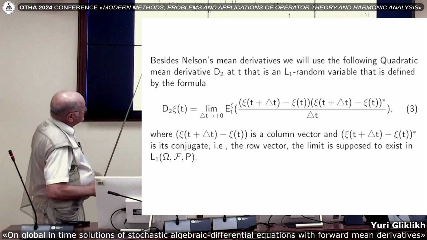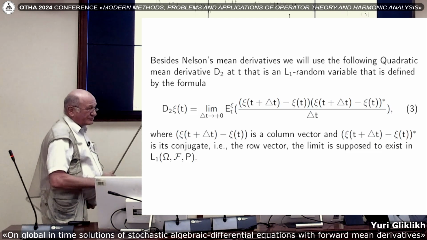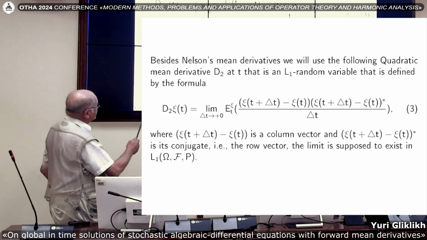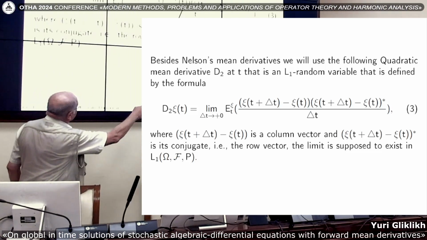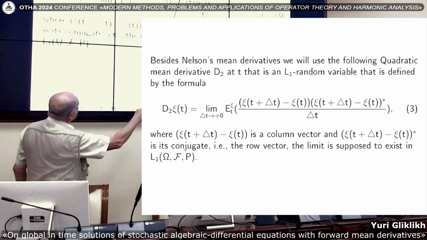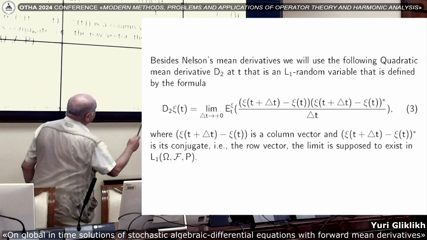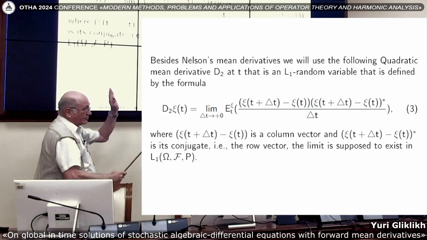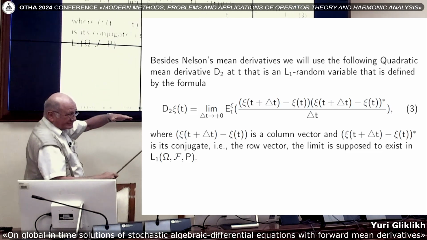We introduced the next mean derivative that we call quadratic. It is the forward mean derivative multiplied with its conjugate. So we have a column on the left and a row on the right.